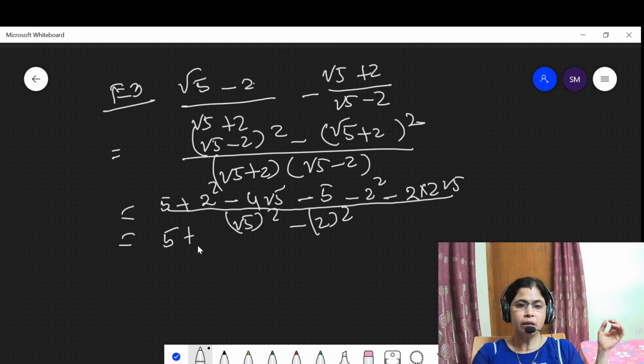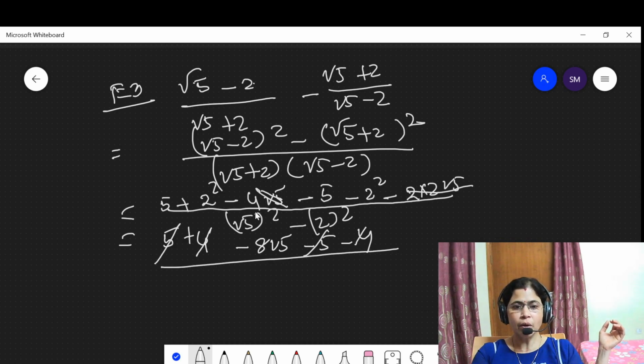Then the numerator is 5 plus 4 minus 4 root 5 minus 5 minus 4 minus 4 root 5, which is minus 8 root 5. The 5 minus 5 and 4 minus 4 cancel, and the denominator is root 5 square, 5, minus 2 square, 4, which is 1. Then in the numerator you get minus 8 root 5 upon 1.